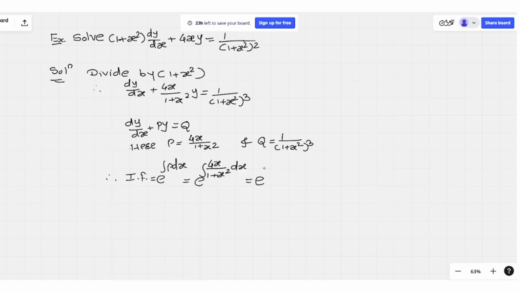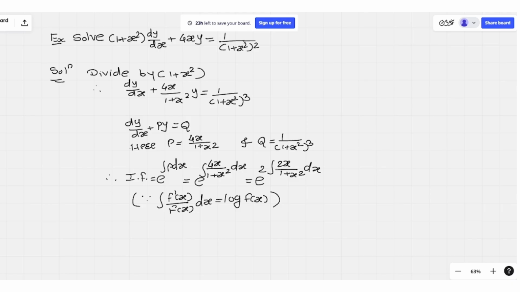We can write this as e raised to 2 times integration of 2x upon 1 plus x square dx. We know the formula: integration of f dash of x upon f of x dx is equal to log of f of x.